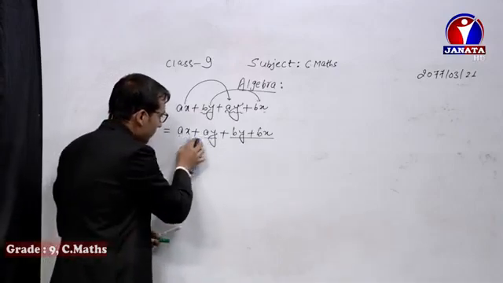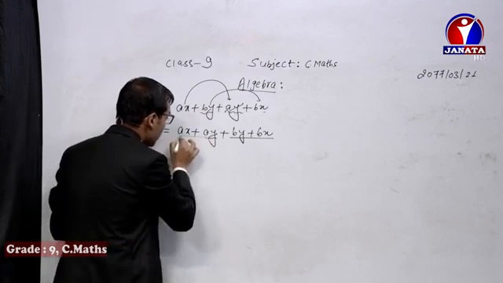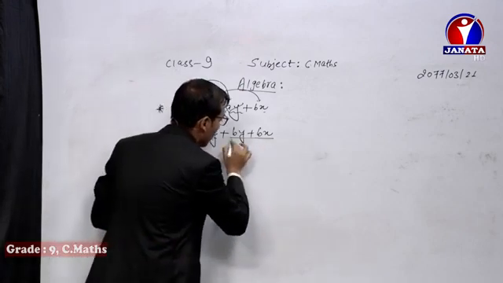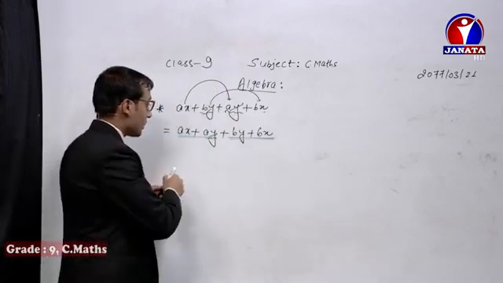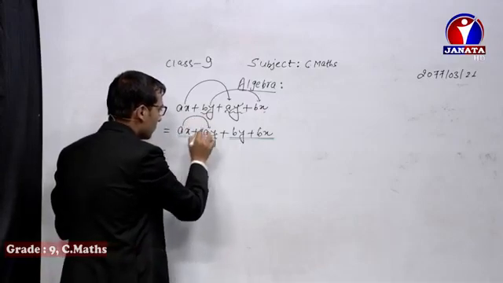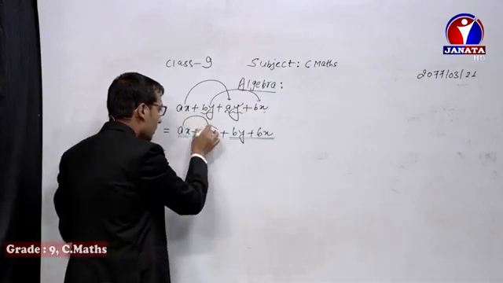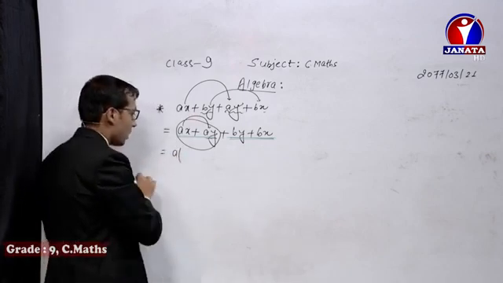So we are trying to factorize this expression by grouping the different terms. Now can we take a common factor? Let's see what is common. So a is common from the first and second terms in the first group, so a can be taken as common.